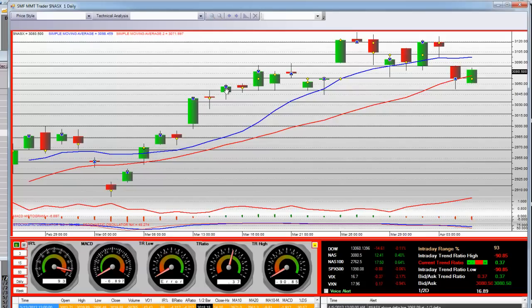But you do have some other bars in here, and we're going to be monitoring exactly where the lower support levels will come into play.